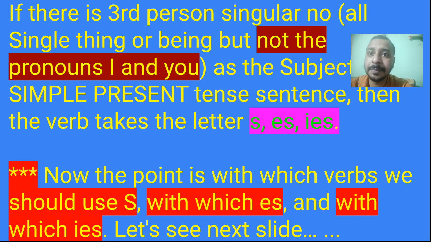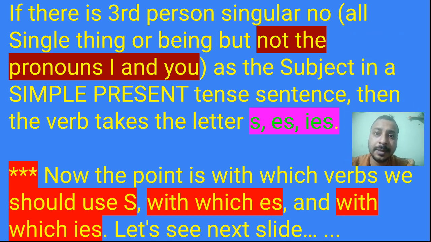Third person singular means all single things, but not I and you. So if there is a third person singular number as the subject in a simple present tense sentence, then the verb takes the letter S, ES or IES.